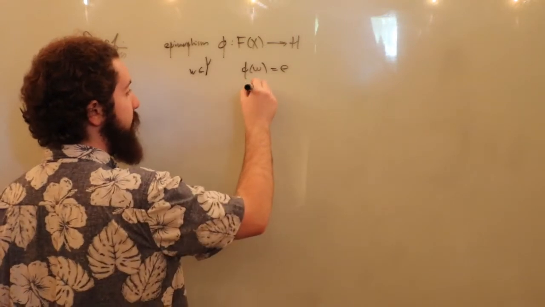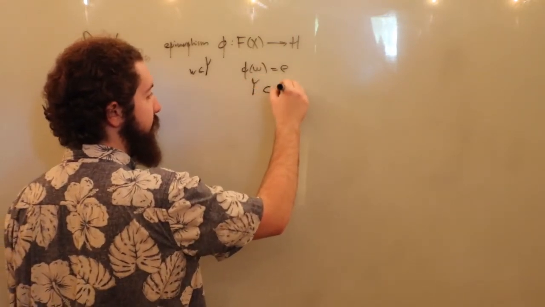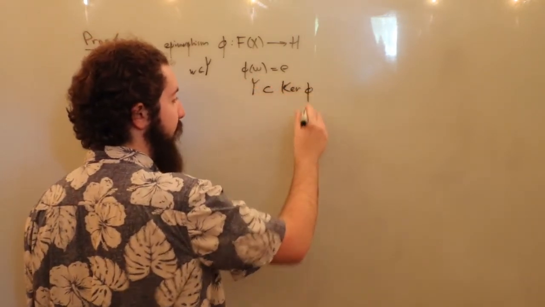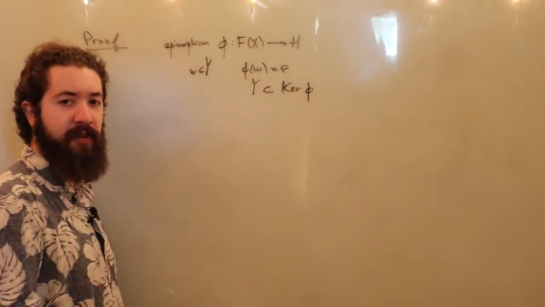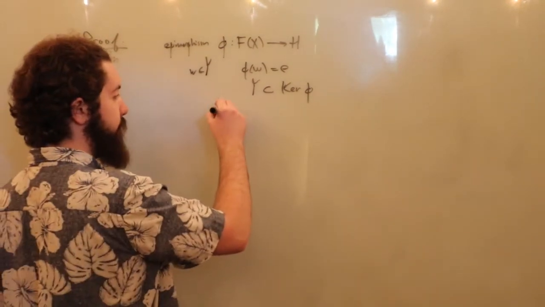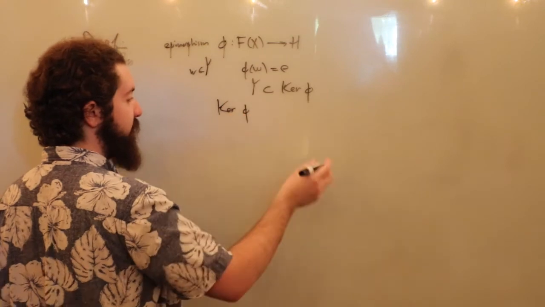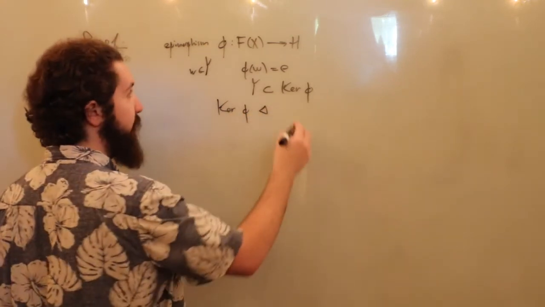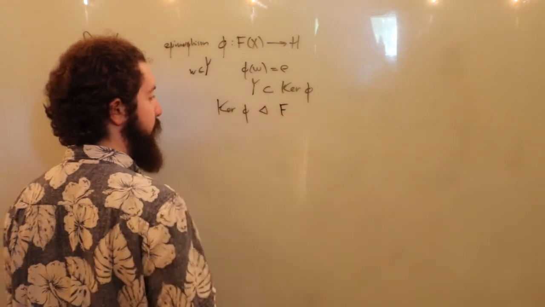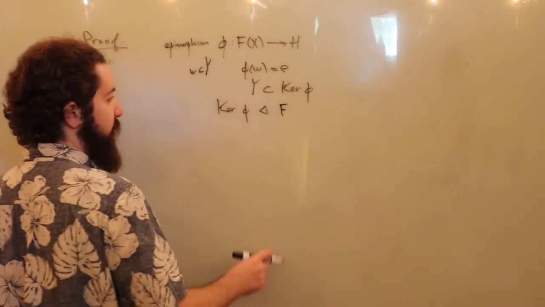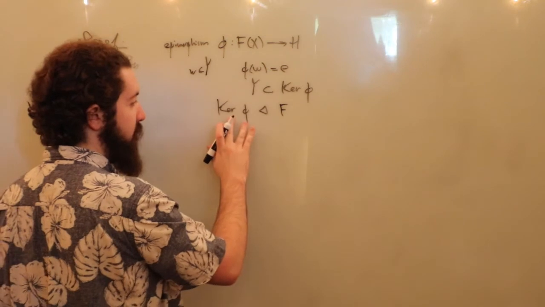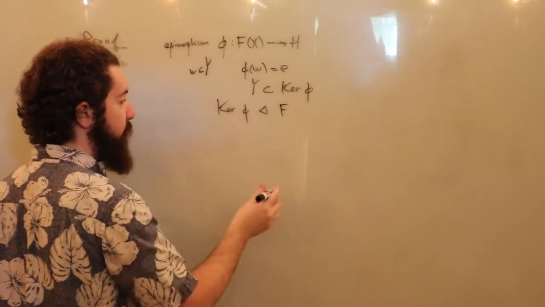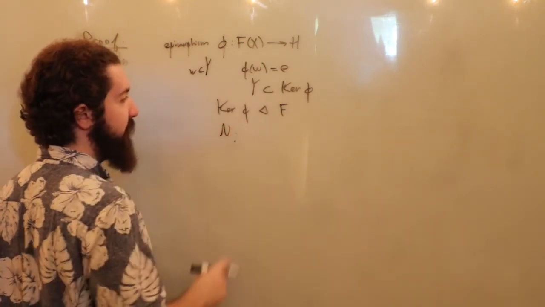In other words, Y is contained in the kernel of the map phi. That's our first fact. Now the kernel of phi, we said, is always a normal subgroup of the domain of phi, which is F, right? So that means that this kernel is one of the normal subgroups N sub i which contains Y.